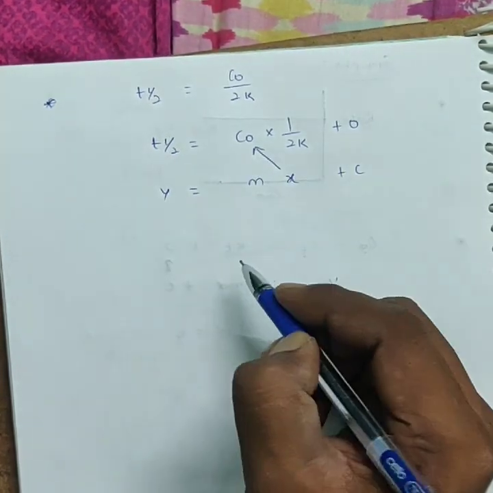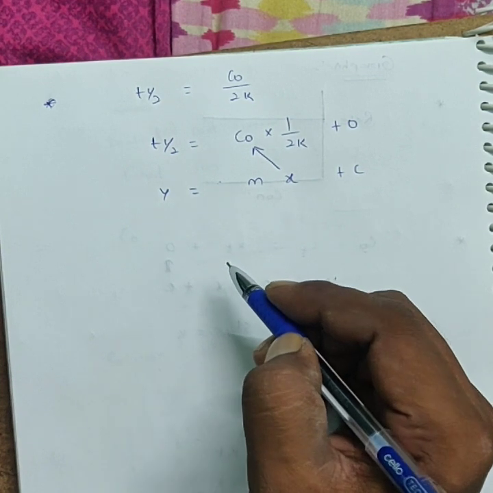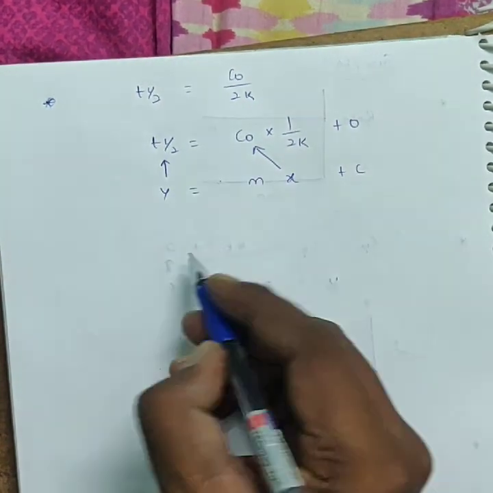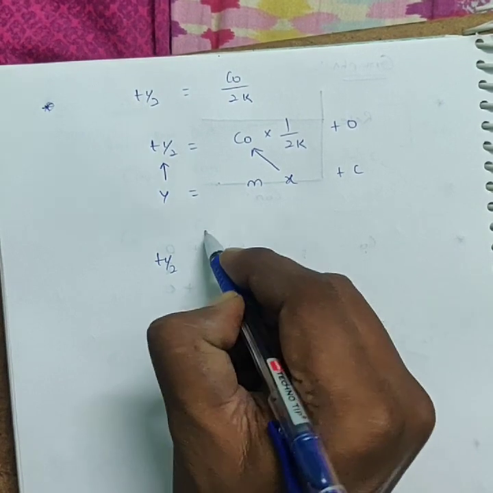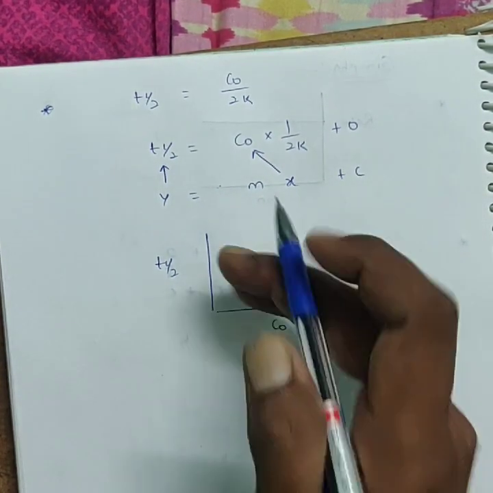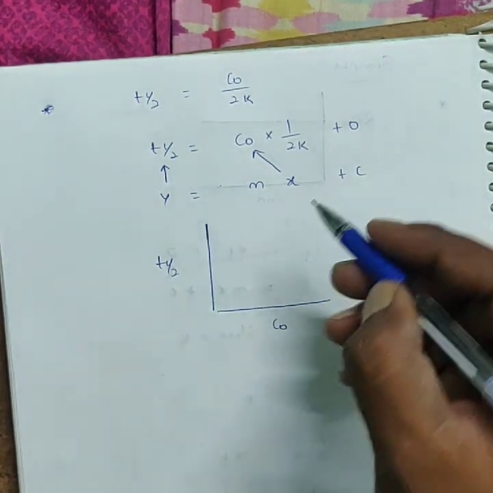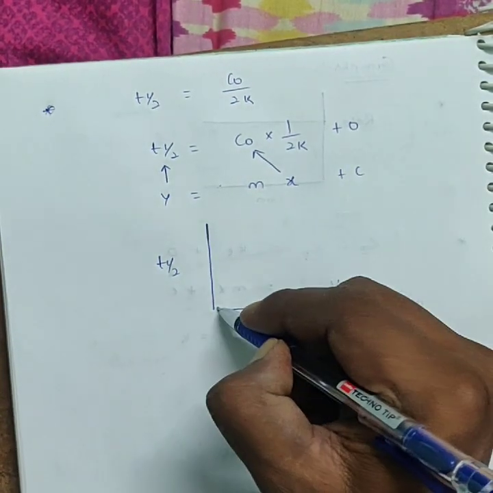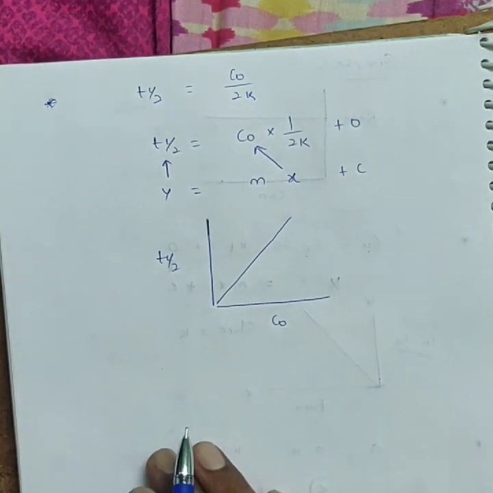Here the variable will be initial concentration. So if you take initial concentration on the x-axis and T half on the y-axis, here intercept will be 0. It is continuously increasing.